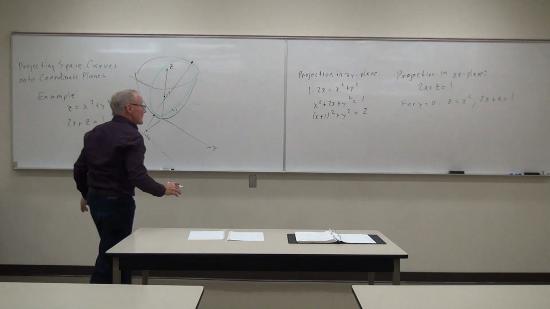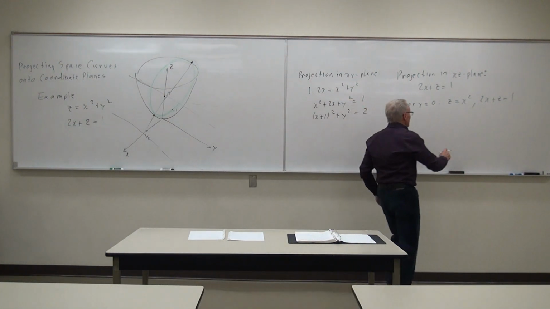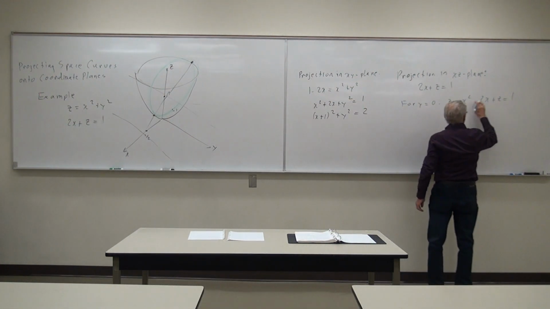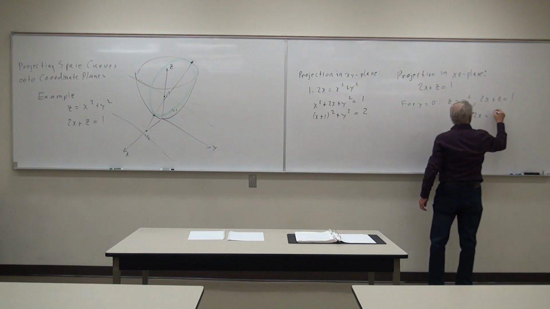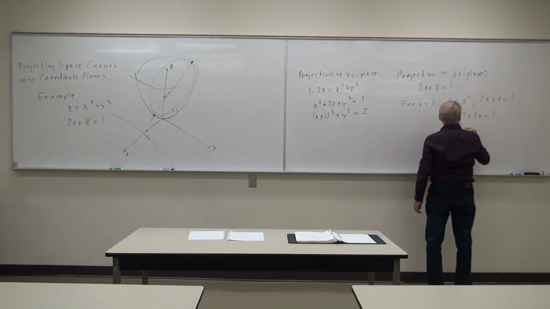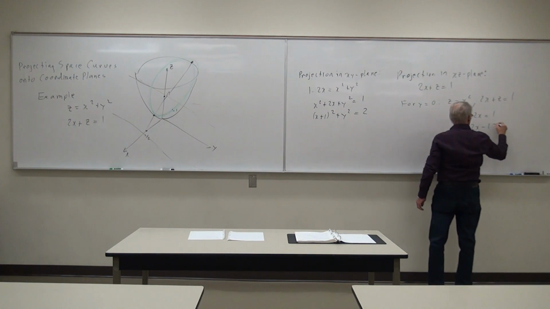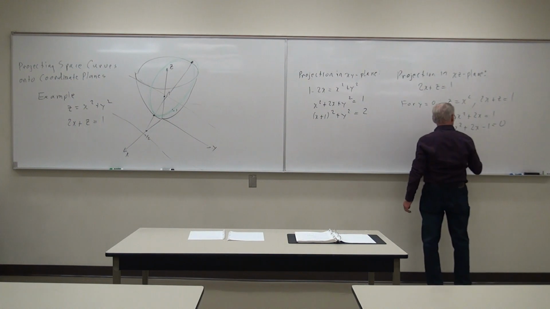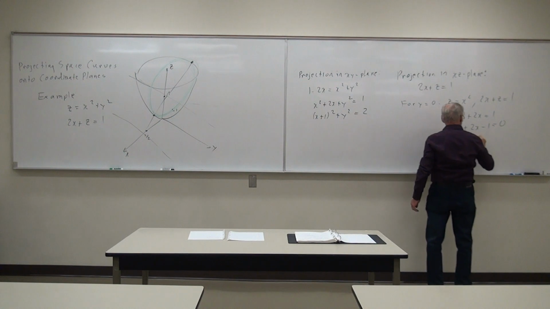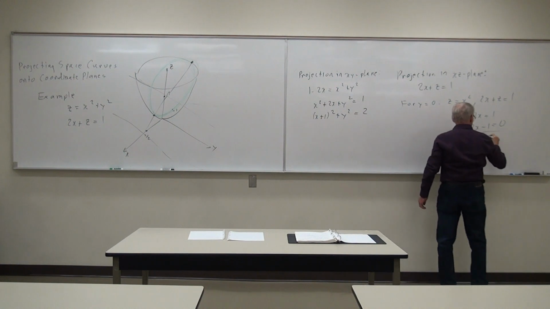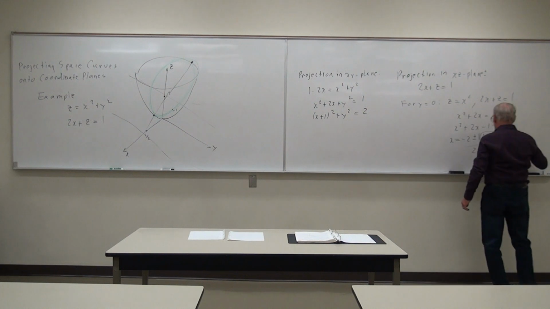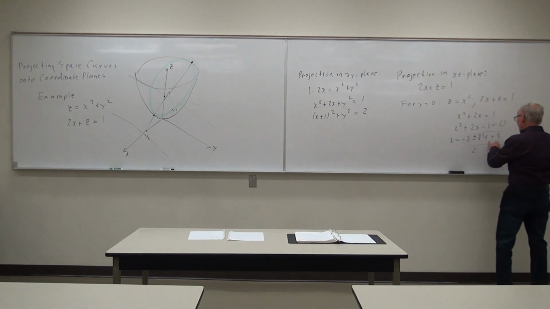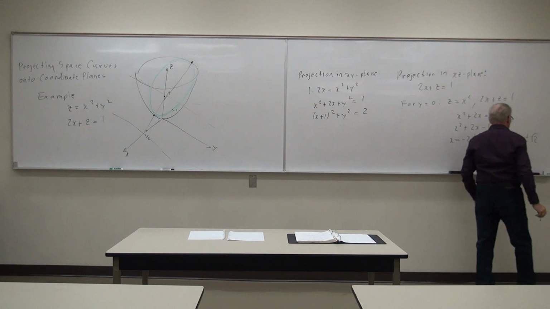So if we want the x's, why don't we put that in here? For that z, put x squared. So we have x squared plus 2x equals 1. X squared plus 2x minus 1 equals 0. Quadratic. X is equal to minus b plus or minus the square root of b squared minus 4ac all over 2a: minus 1 plus or minus root 2.